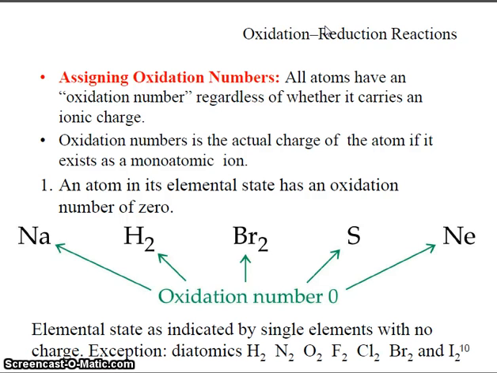So if you're considering something which is elemental in nature, for instance, elemental sodium, or maybe sulfur as S8, or neon, which is monoatomic, bromine, essentially it is present in the elemental form as nature intended to make it, and so the oxidation number for these is going to come out to be 0. It's taken to be 0 rather.